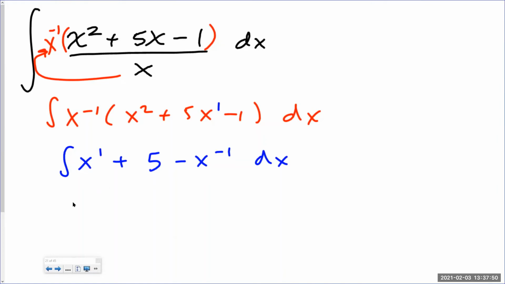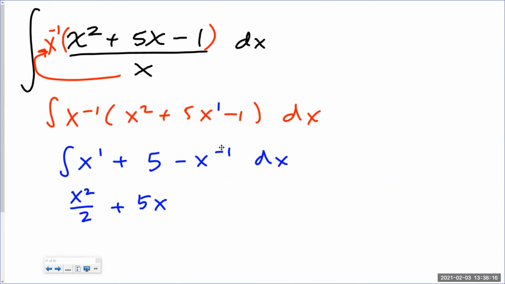What's the integral of x? X squared over 2. What's the integral of 5? 5x. What's the integral of x to the -1? Well, let's try. You add 1, divide by 0, ding, ding, ding, ding, ding. Did you hear the ln bell? Okay, so that tells you you could rewrite this to 1 over x or 1 over u.